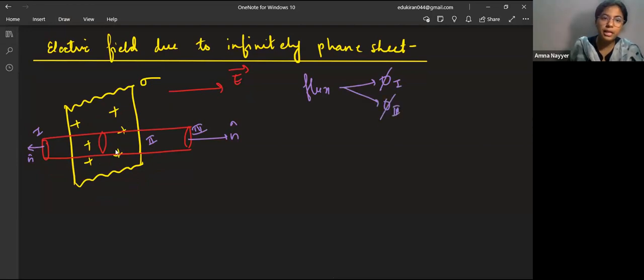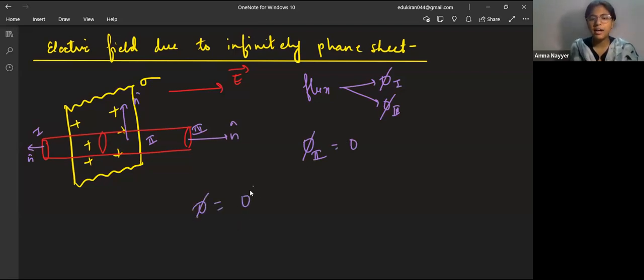But now if you take the curved surface area, the electric field is perpendicular to it, so n cap will be perpendicular. So because of this curved surface area, you won't be having any flux, right? So flux will be only due to phi 1 plus phi 3, that is both the flat circular ends, not the curved surface area.